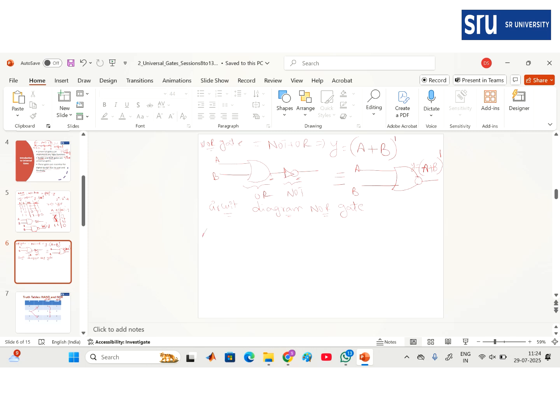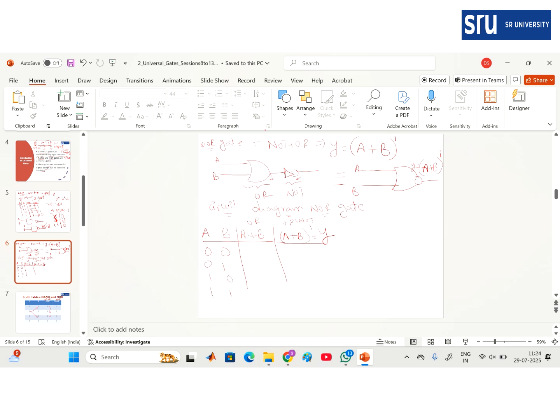Coming to the truth table. With A and B as inputs, first I will consider the OR gate, A plus B, then OR plus NOT, the complement of A plus B whole bar. That is the output for my NOR gate. With two inputs, how many combinations do I have? Four combinations.